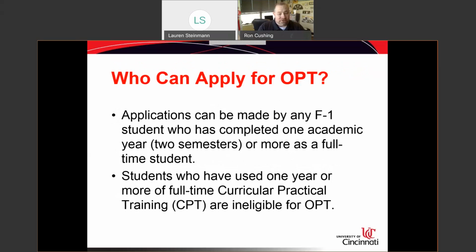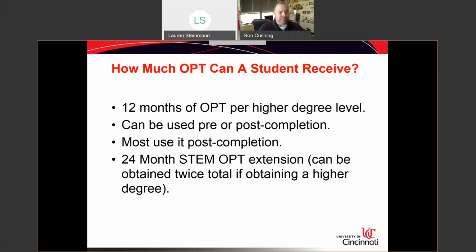Now, to apply for practical training, you have to understand when you are eligible or if you are eligible. Optional practical training is only for students who are on F1 status. So J1 students don't get optional practical training. H4 dependents don't get optional practical training. And you must have completed at least 1 year of full-time study before you become eligible for OPT.